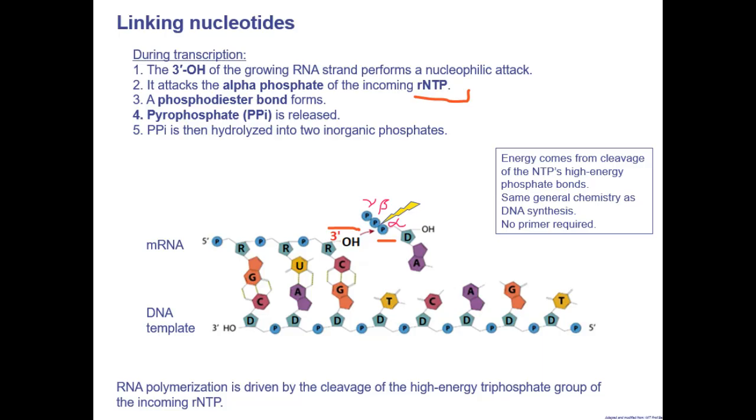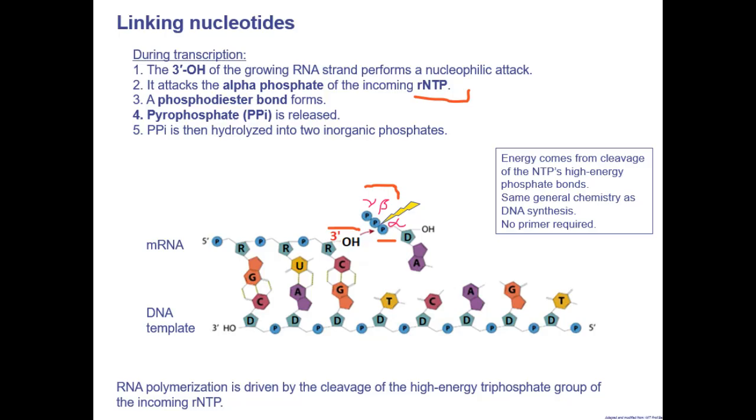So this forms a phosphodiester bond and extends the RNA chain. When that bond forms, pyrophosphate is released. And beta and gamma, that's your pyrophosphate, is then hydrolyzed into two inorganic phosphates. And that hydrolysis provides the energy that drives the reaction forward.